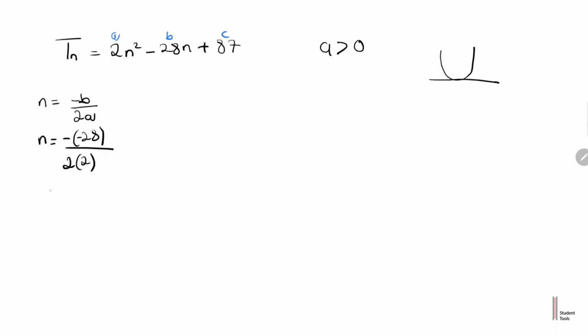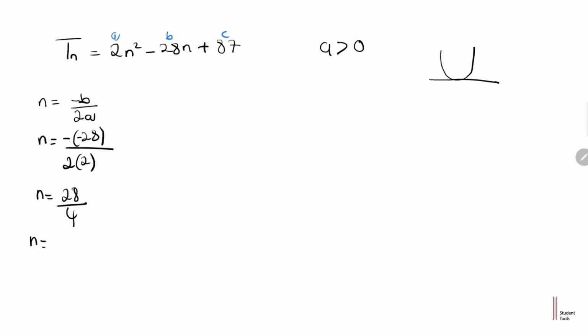So n will be equal to negative multiplied by negative 28, that is a positive 28, over 2 multiplied by 2, that is 4. So n is equal to 28 divided by 4.